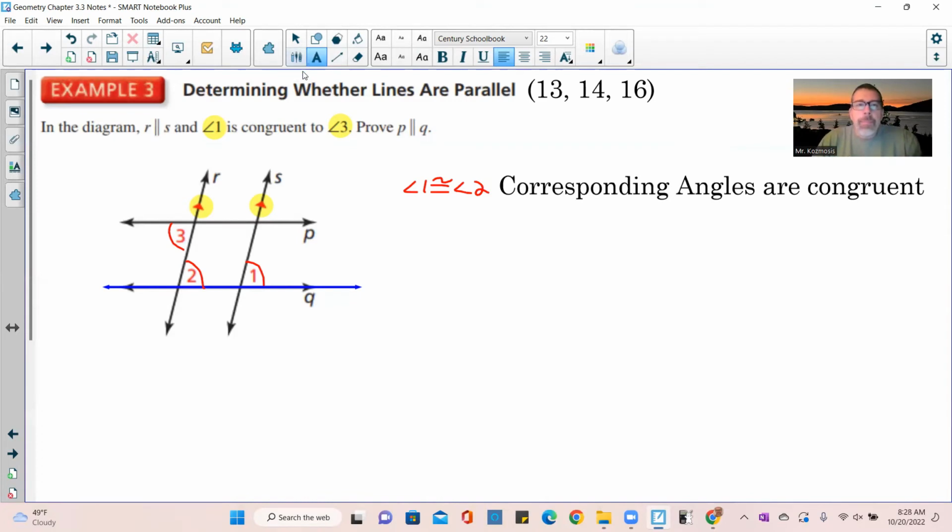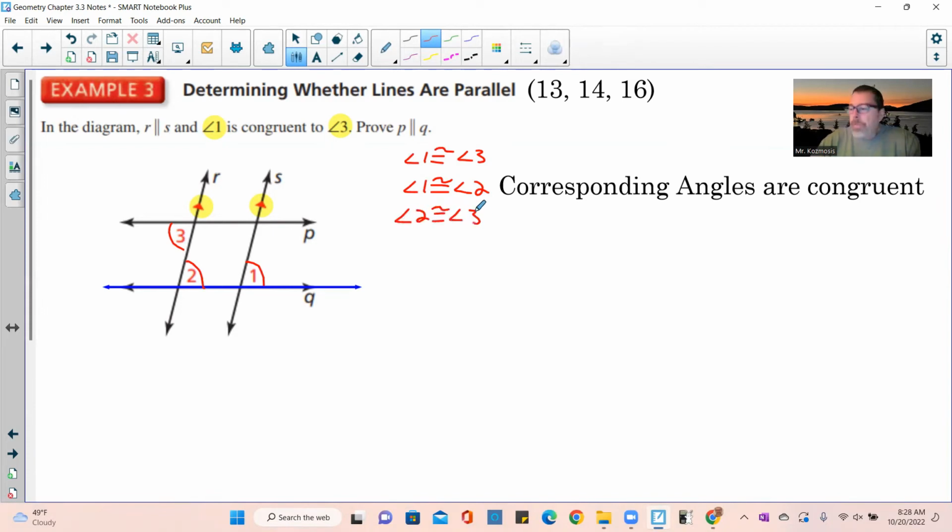Next step. This takes a little bit of thought. So now I know angle 1 is congruent to angle 2, and I know angle 1 is congruent to angle 3. So if we had a proof and I said angle 1 is congruent to angle 3 here, I can now see that 3 is congruent to 1, 2 is congruent to 1. So therefore, angle 2 is congruent to angle 3.